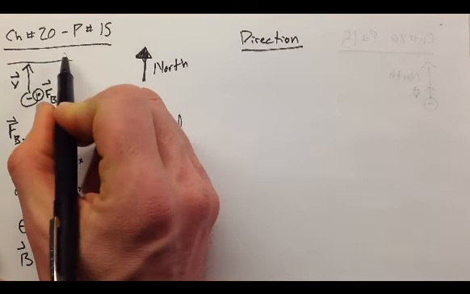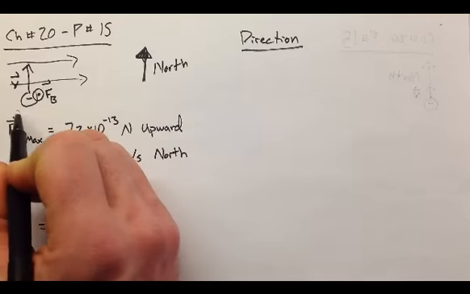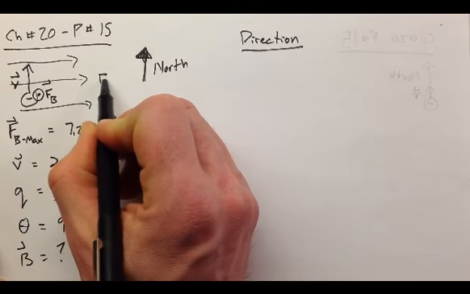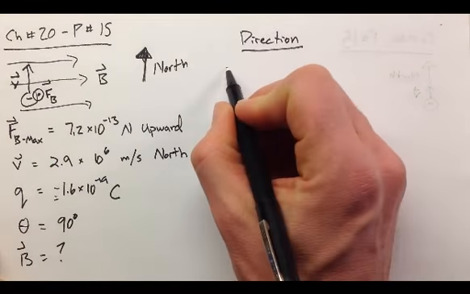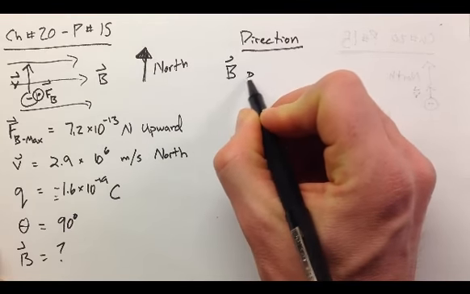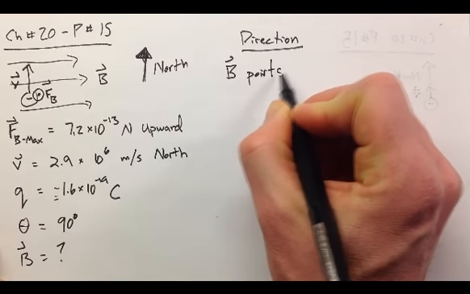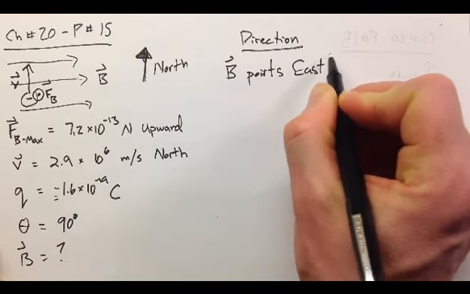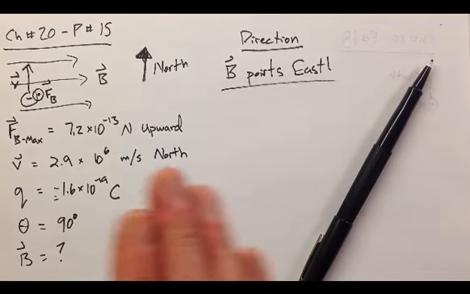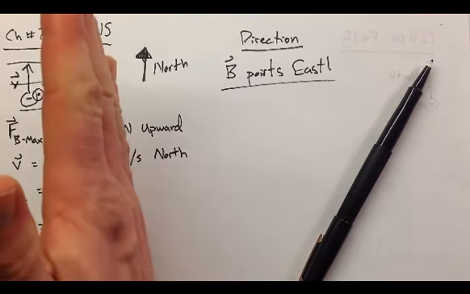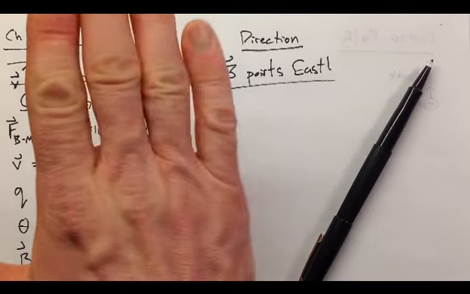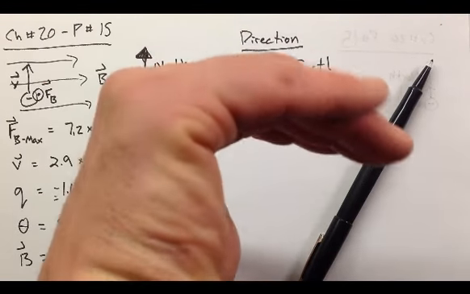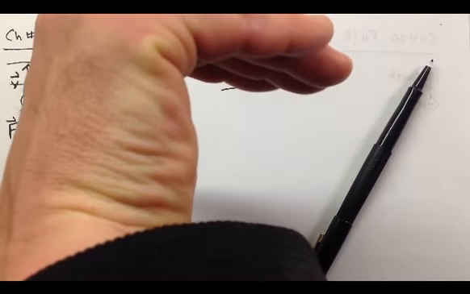So what we can conclude is that the magnetic field in this region of space points east. Let's do that one more time. Hand in the direction the charge is moving, fingers curled towards the direction of the magnetic field.